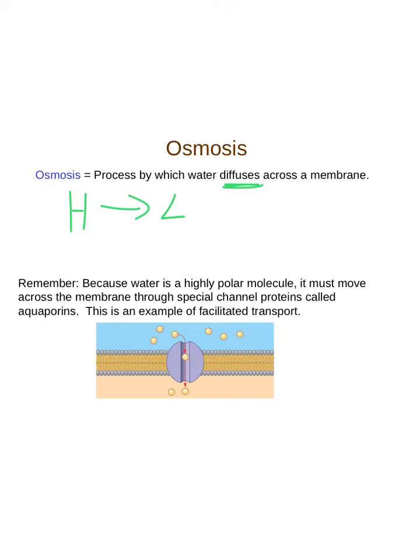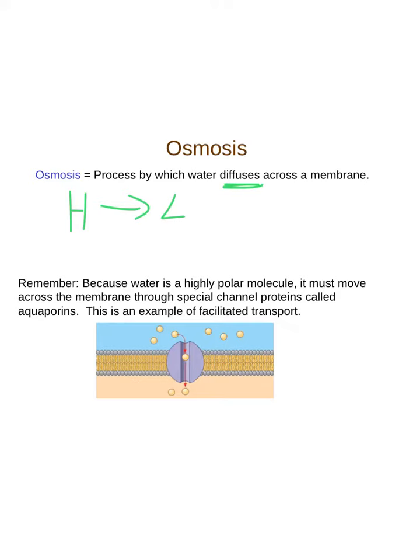Why do we give the diffusion of water a special name? Well, remember that the cell membrane is selectively permeable. If we're looking at various solute molecules, some can get across, some can't, depending upon whether or not they have a charge, whether they're large or small, whatever chemical characteristics they have.